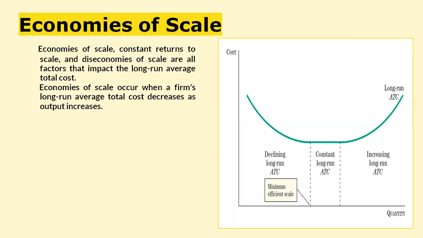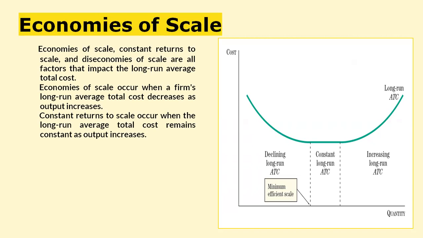Economies of scale occur when a firm's long-run average total cost decreases as output increases. Constant returns to scale occur when the long-run average total cost remains constant as output increases.